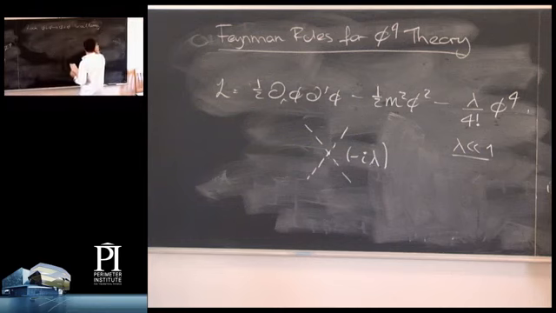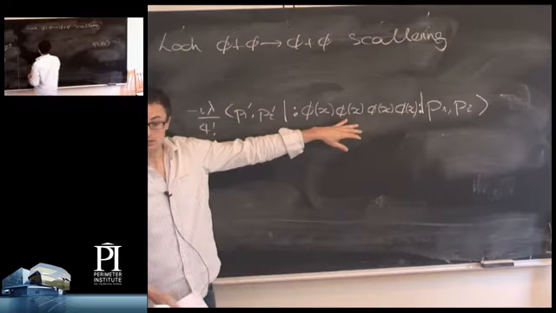So we've got some initial state, some final state out here, with a 1 over 4 factorial, p1 prime, p2 prime.